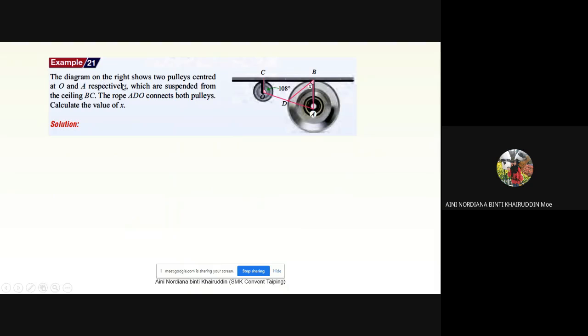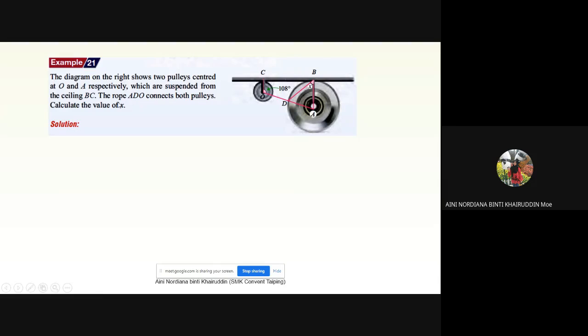The diagram on the right shows two pulleys centered at O and A respectively. So O and A are centers which are suspended from a ceiling BC.